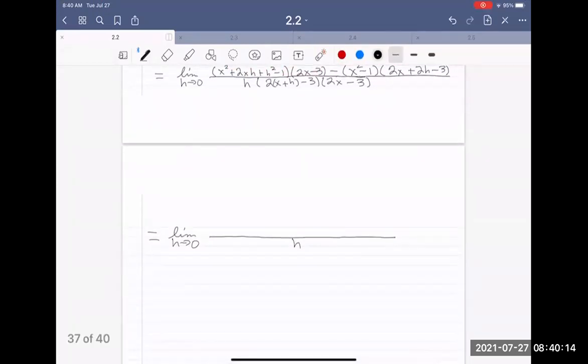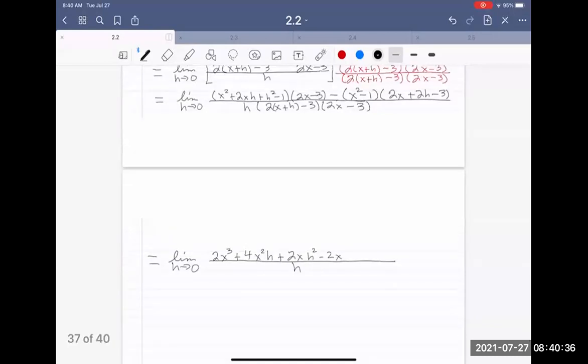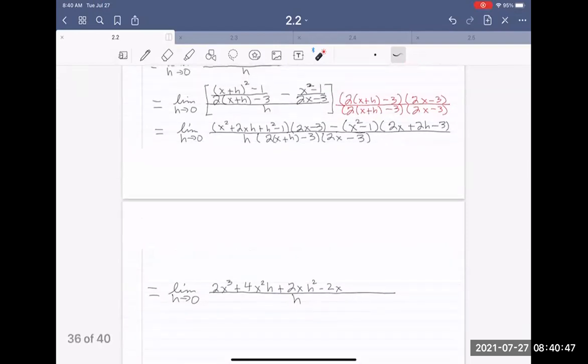So I get 2x cubed plus 4x squared h plus 2xh squared minus 2x. So all I've done here is I've multiplied each by 2x. Okay. Now let's multiply each of these by minus 3.